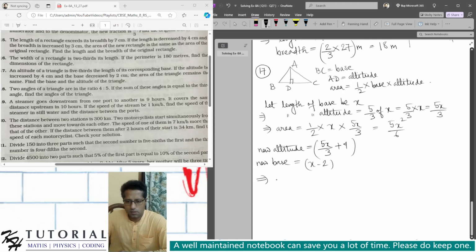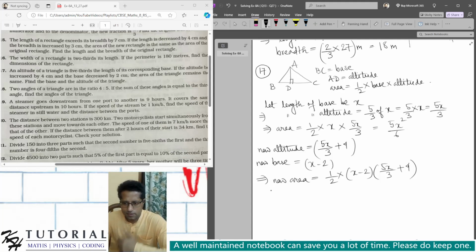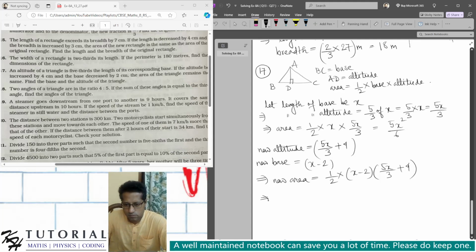So this implies the new area is equal to half into base, that is x minus 2, multiplied by new altitude, that is 5x by 3 plus 4. This is the new area and it is given that the new area is equal to the original area, and hence we have to find the base and altitude of the original triangle.